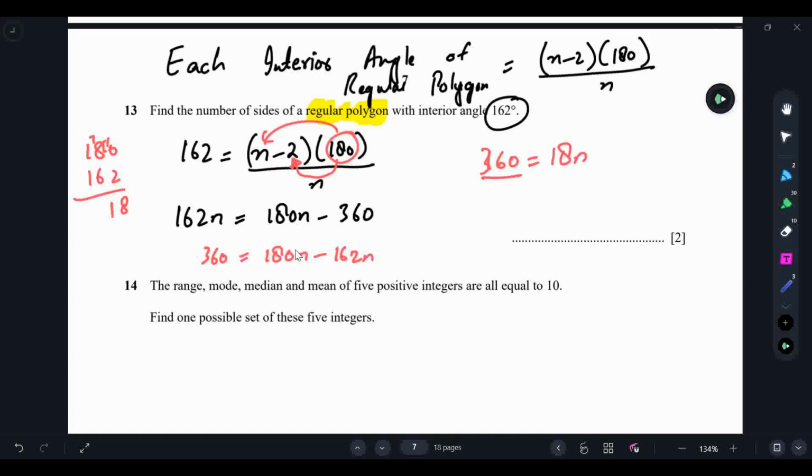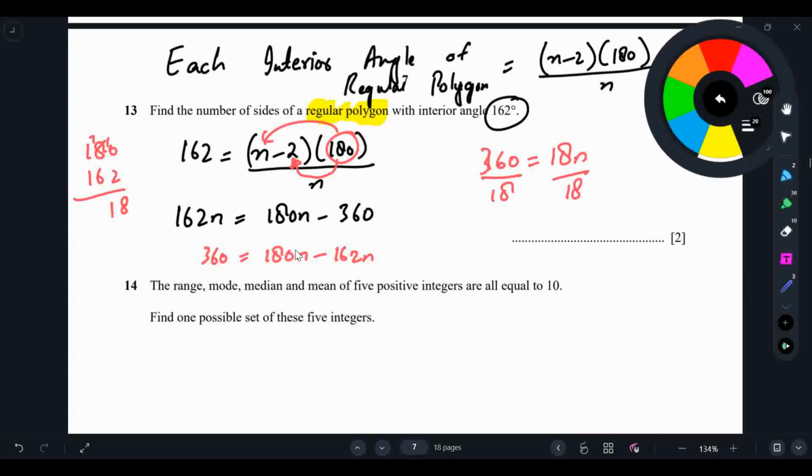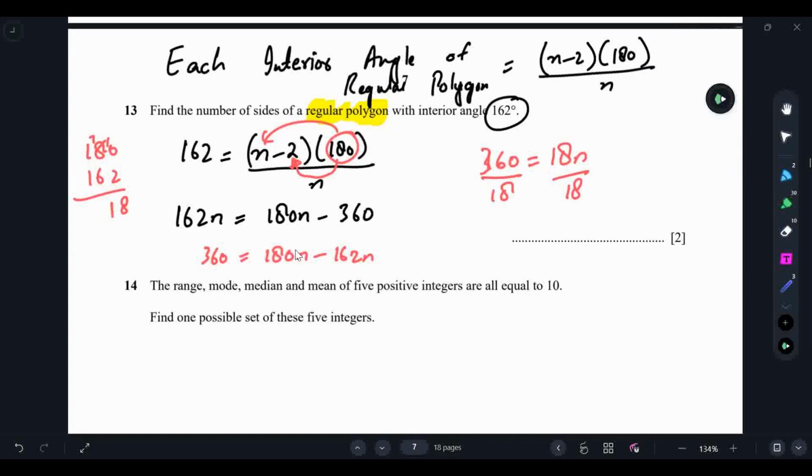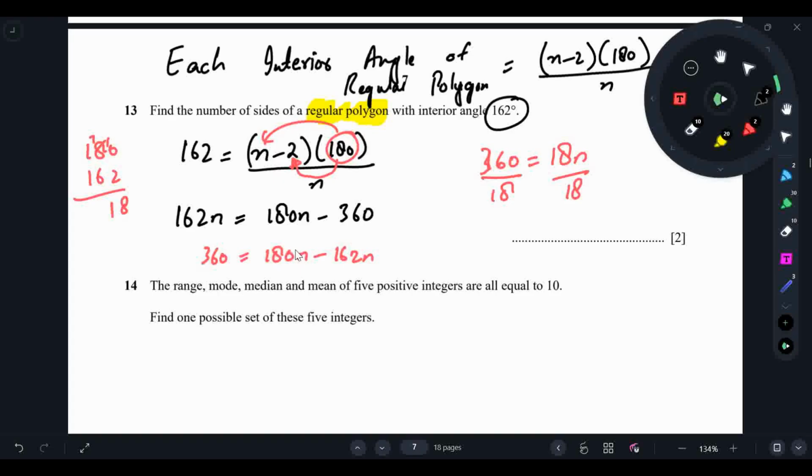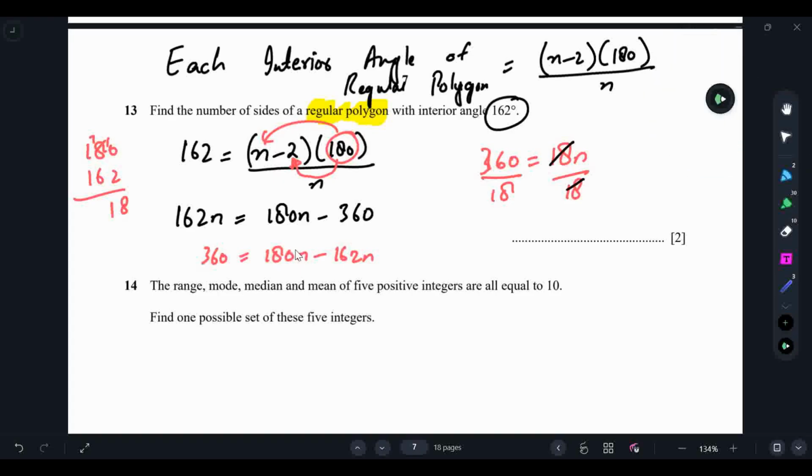If we divide by 18 on both sides, we can cancel out: 18 ones are 18, 18 twos are 36, and 0. So n is equal to 20.